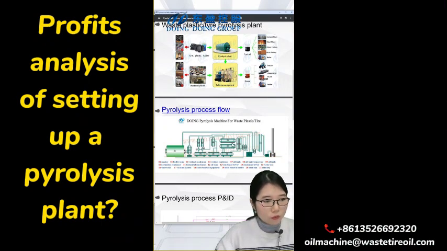So most of the oil will be cooled down here and collected in the third oil tank. And most oil gas will be cooled down into the liquid oil after the three steps cooling systems.